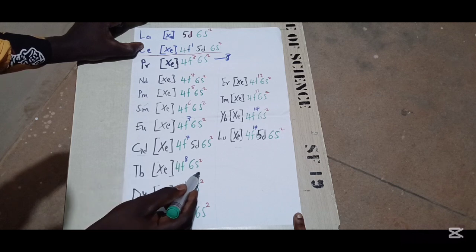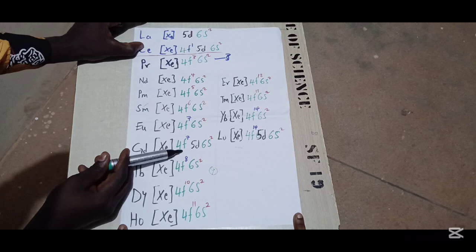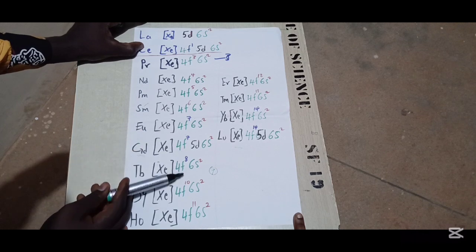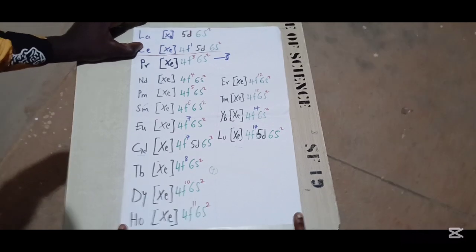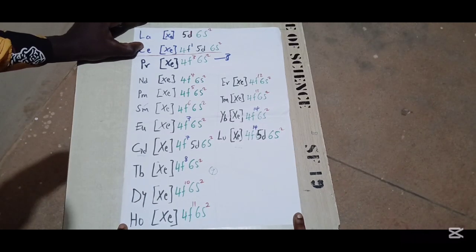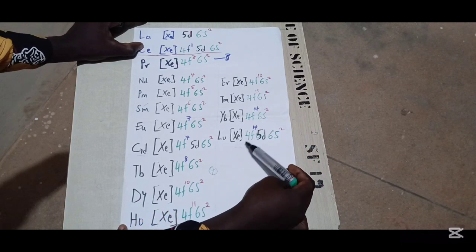We don't have 9 here. 9 is not part of the exponent of f. So after 7, 7, 8, we jump to 10. Now we start from 10, 11, 12, 13, 14, 14.